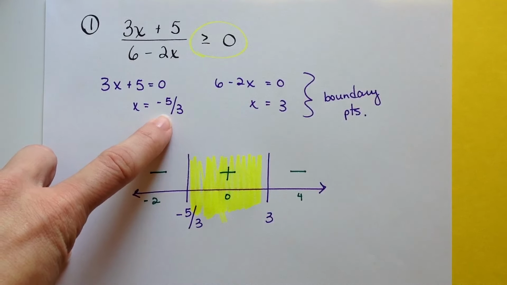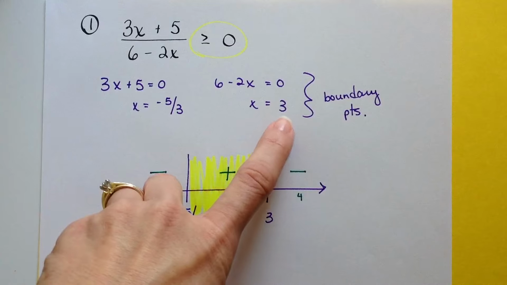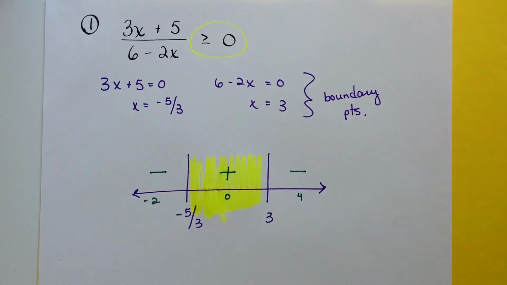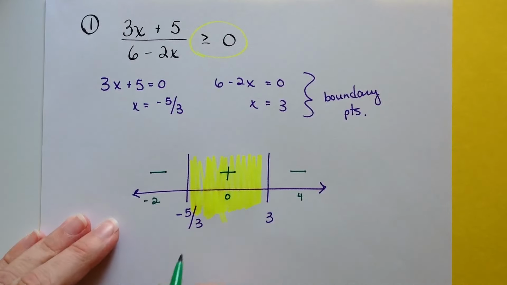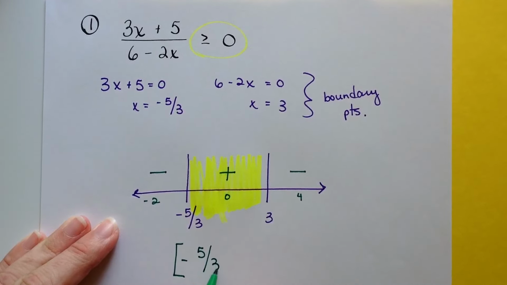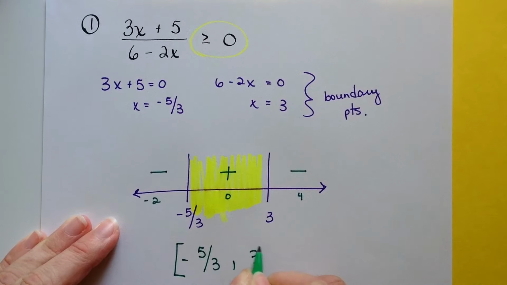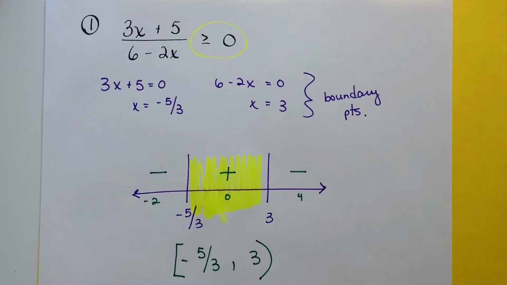So that means you can include the negative 5/3, but you cannot include the positive 3. So you would put a bracket, negative 5/3, to the positive 3, but yet you can't include the positive 3. So just remember, never include any value that comes from your denominator.